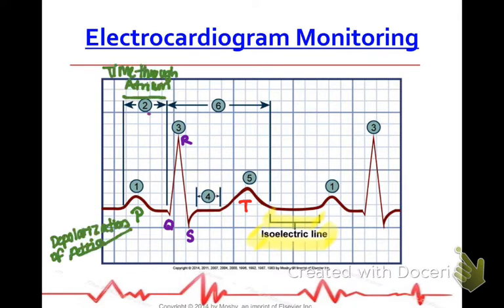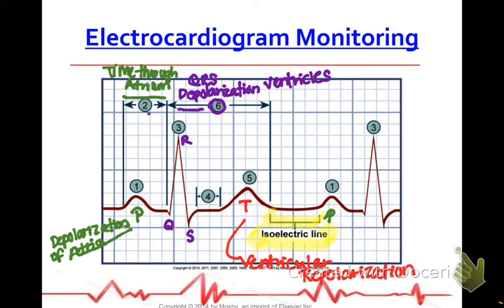Your P wave is your time through the atrium, or atria. Your QRS is your depolarization of the ventricles. And then your T is your ventricle repolarization.